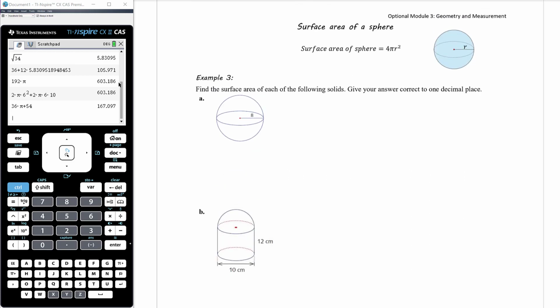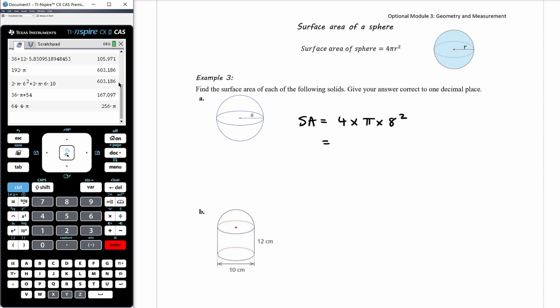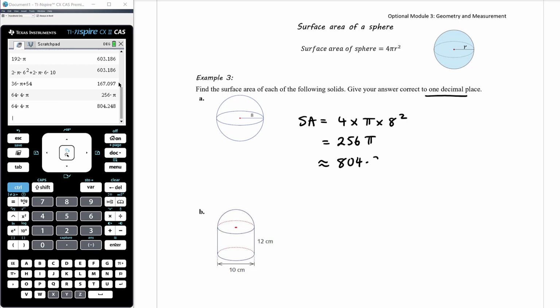Okay, so we've just got a straight sphere here with a radius of 8, and so therefore the surface area is 4 times pi times 8 squared. 8 squared is 64, 64 times 4 times pi exactly is 256 pi, and to one decimal place is, Control Enter, 804.2. We don't have any units there. It is square units.